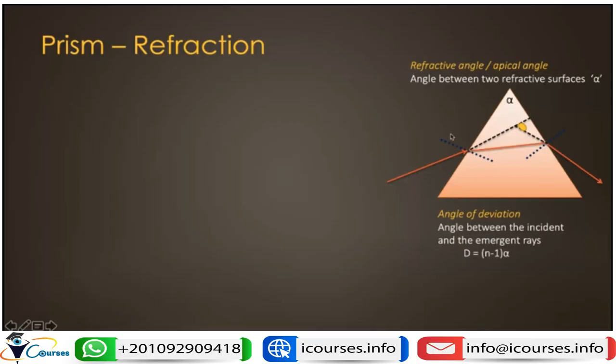It was meant to pass toward the apex, but as it goes through the prism, it is now deviated toward the base. This angle of deviation is the angle between the incident and the emergent rays. This angle equals the refractive index of the prism minus 1, multiplied by alpha.